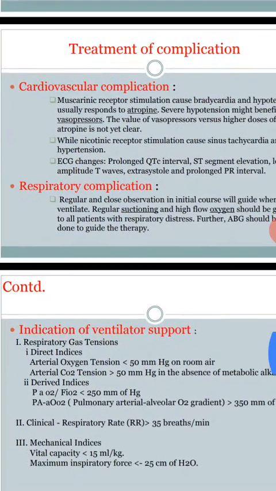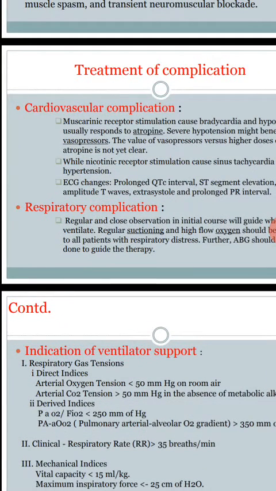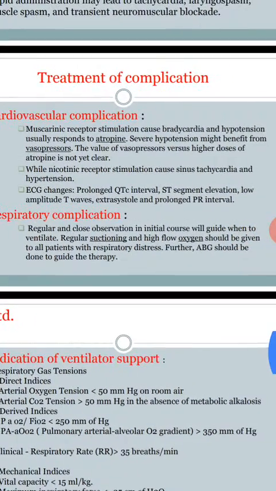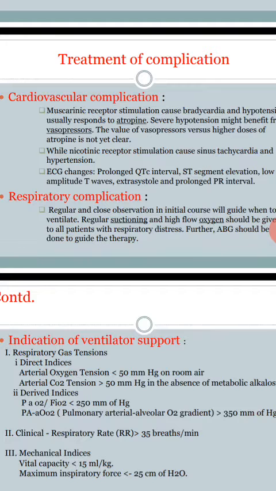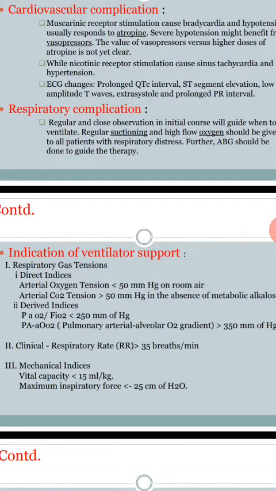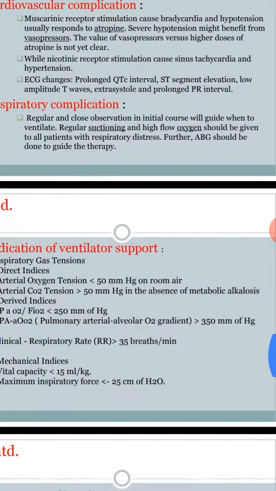Suppose how you are going to correct the cardiovascular complications like hypertension and bradycardia. Severe hypertension benefits from giving vasopressor agents. Next, respiratory complications. They are avoided by giving oxygen.